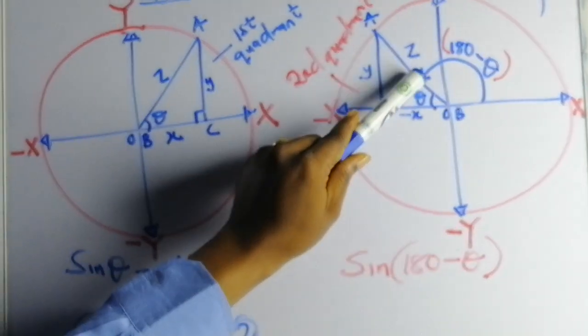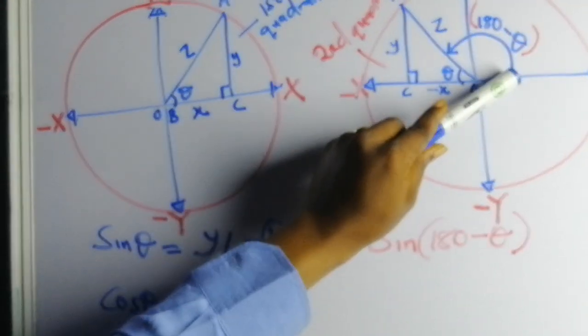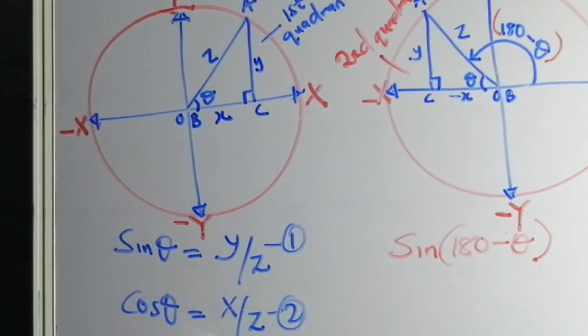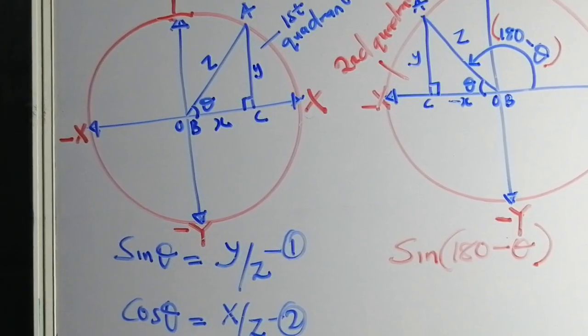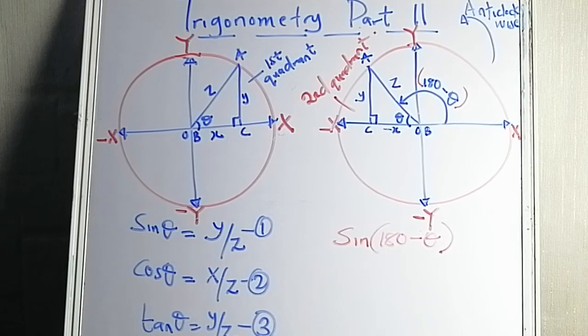From here to here is theta, then from here to this place is 180 minus theta. And that is anti-clockwise. So from here we can get our sine 180 minus theta, because we are moving anti-clockwise.